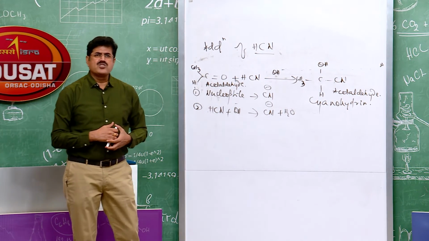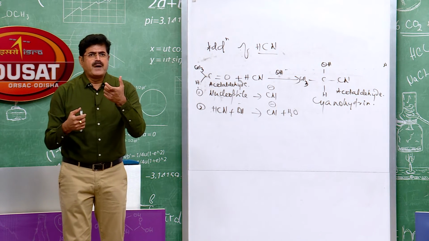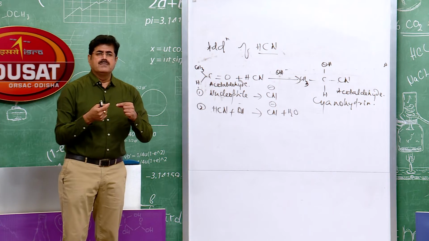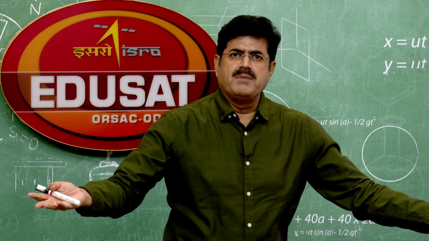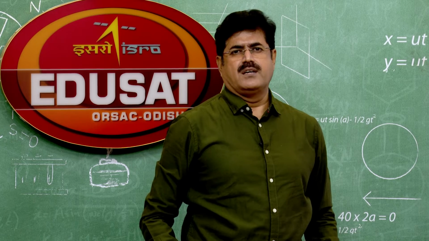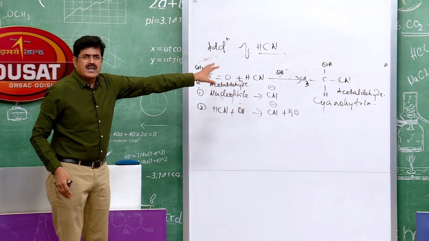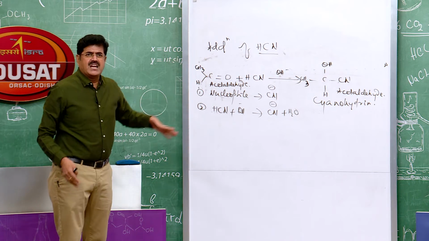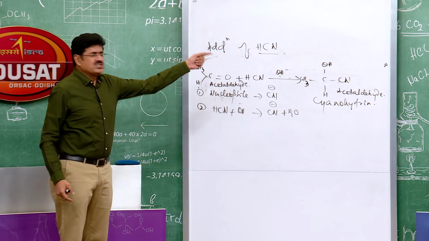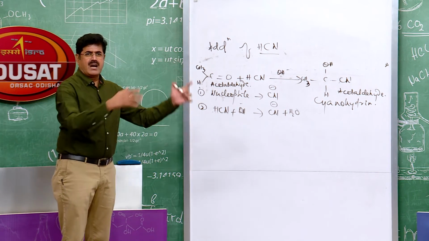The carbonyl carbon can be attacked by the nucleophile from either side, from the top or from the bottom, so the result is a racemic mixture of D and L, 50% dextrorotatory and 50% levorotatory. A racemic mixture does not rotate plane polarized light at all. So that is why it is optically inactive.